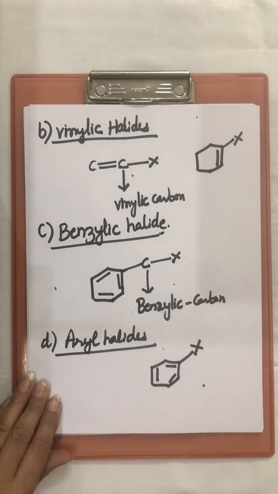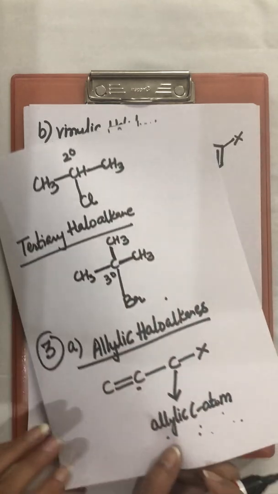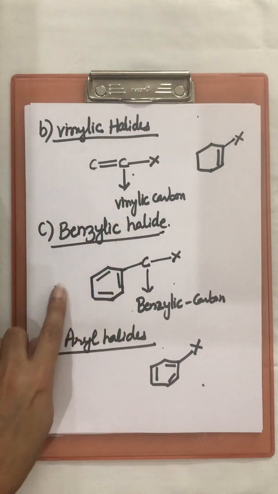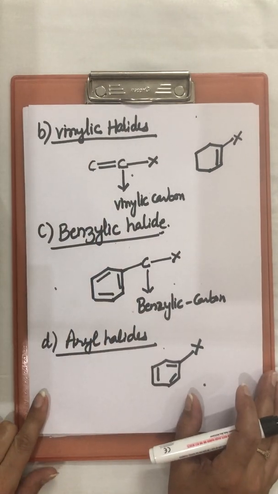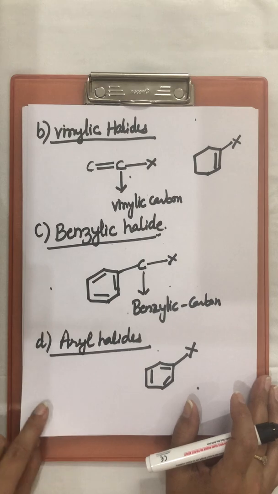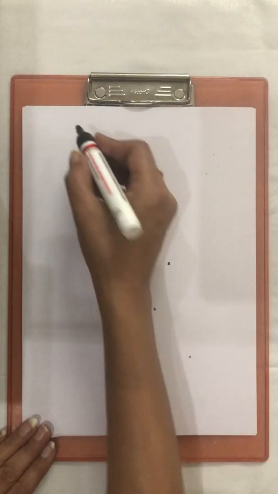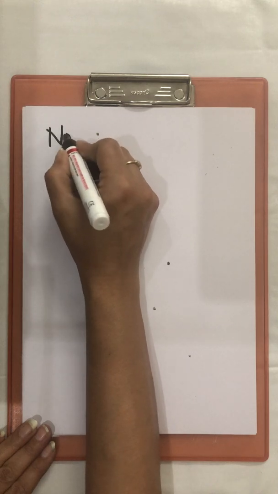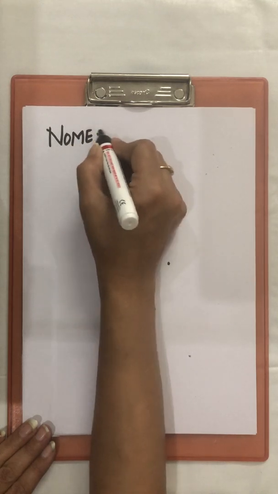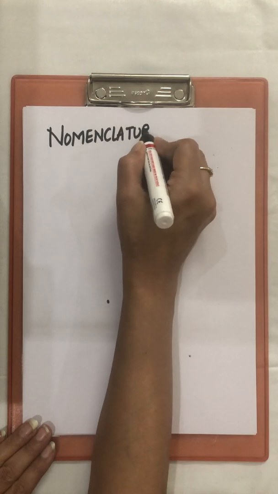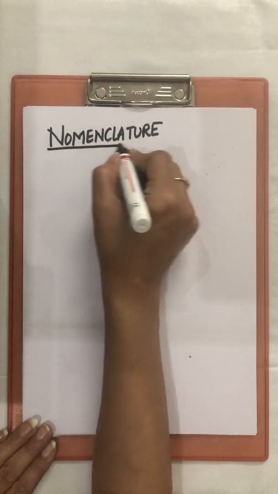Then the third classification is allylic haloalkanes, vinylic, benzylic and the aryl halides. After knowing the classification of haloalkanes and haloarenes, our next topic is nomenclature. Naming of haloalkanes and haloarenes.